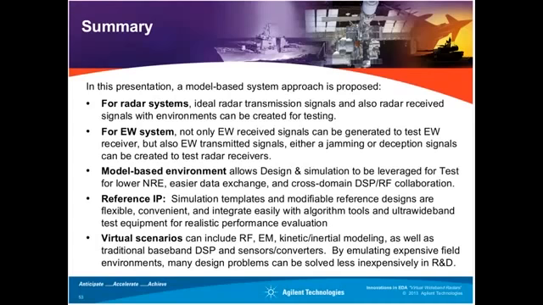Okay, so in summary, we've talked about radar systems, and we've talked about how we can model the ideal systems and how this can be set up and created for testing from the very beginning. And for EW systems, how to generate signals, and how those can be integrated together.